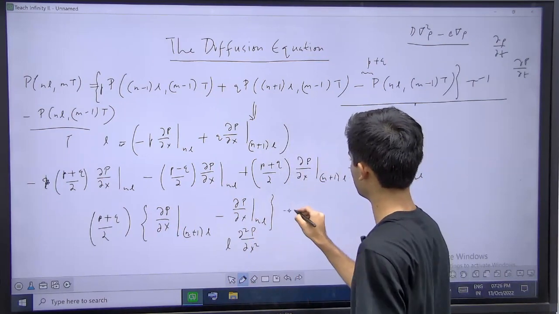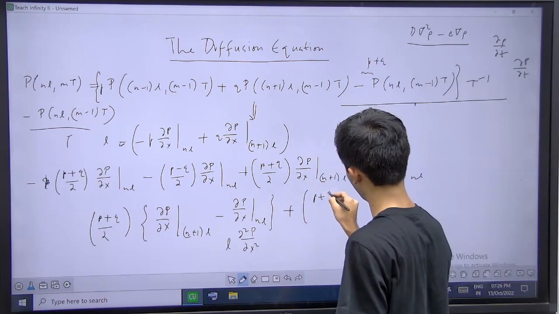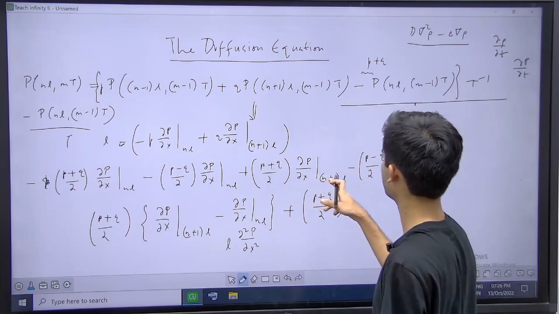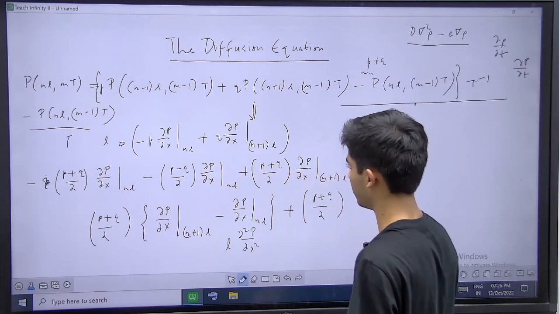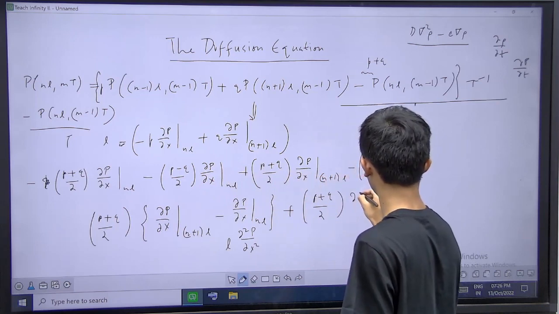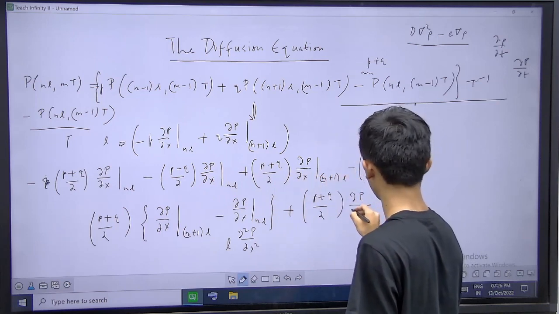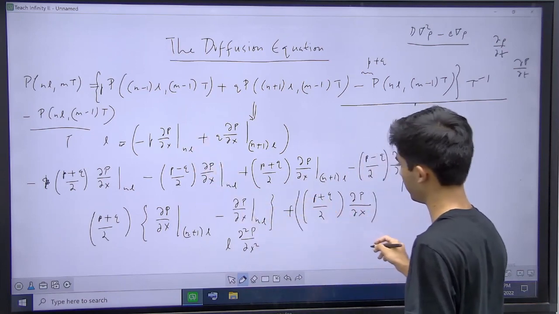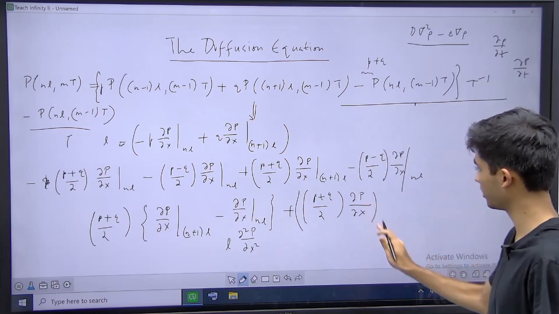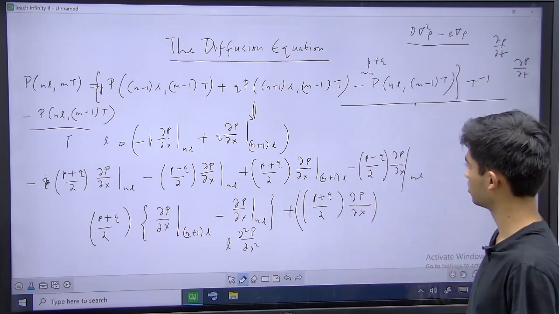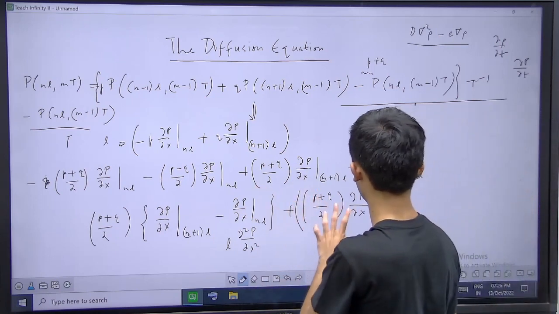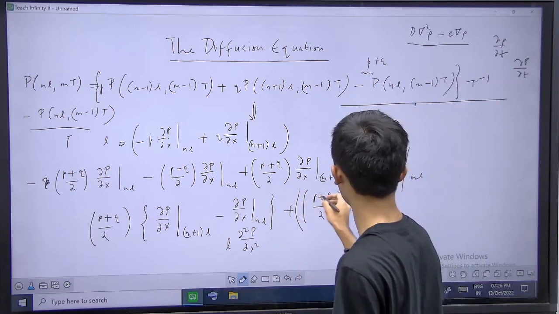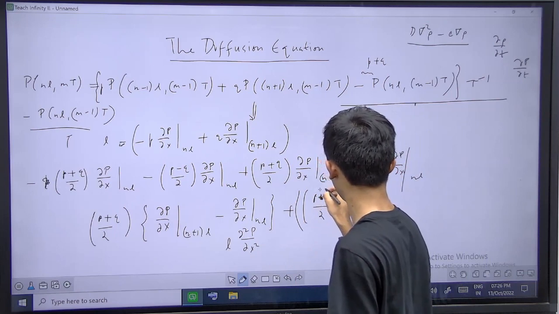And we also have these additive terms, which will be (P plus Q)/2 times simply del P by del X, L del P by del X. The L will remain in the first order. And this is P minus Q, sorry, P minus Q.